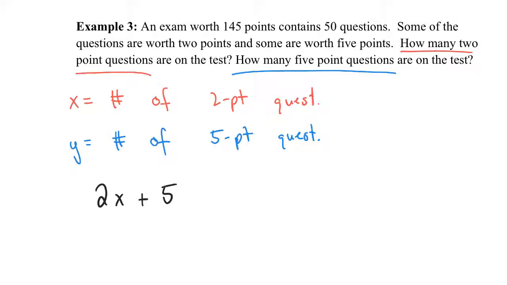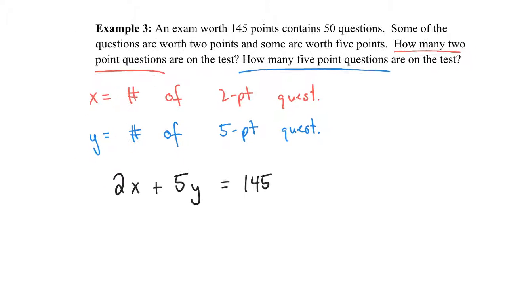And this is the one that's actually a little bit tougher to get. 2 points per question times the number of questions, plus 5 points per question times the number of questions equals 145 points. My units balance. I have a number of points plus a number of points equals a total number of points. And I can check that before I get to the second equation.